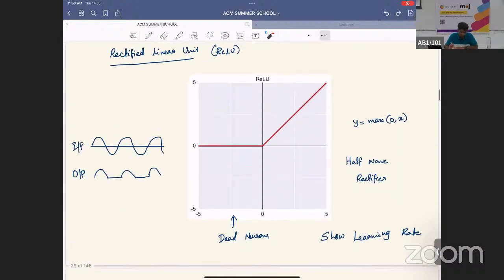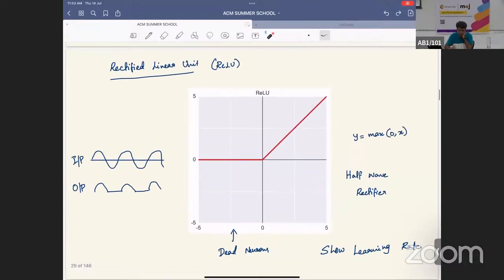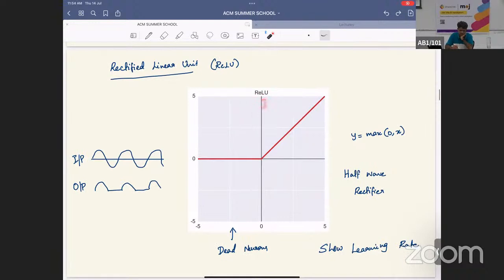Okay. And the most common activation function is the rectified linear unit. What it does is it passes the input as it is if it is positive, and if it is negative, it clamps to 0. This is the input, and this is the output.